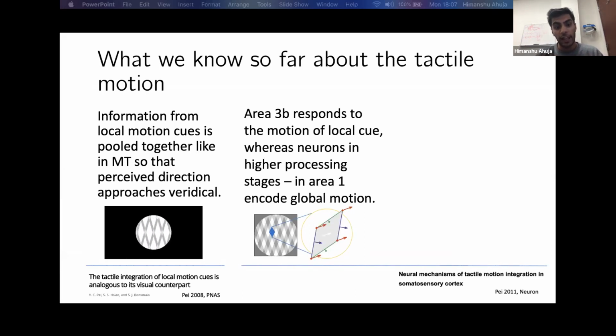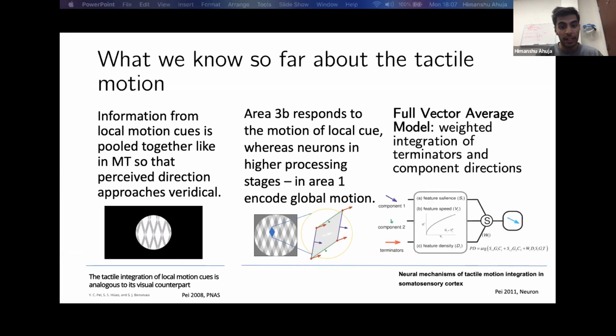In the Pace 2011 study, they found that area 3B in the somatosensory cortex was the one responding to these local cues, which are these component vectors, the purple and the green ones. The higher processing stages were performed in area 1 of the somatosensory cortex, which was integrating component 1, component 2, which is the green, purple, and the red, the terminator guys over there, to give the vertical motion.